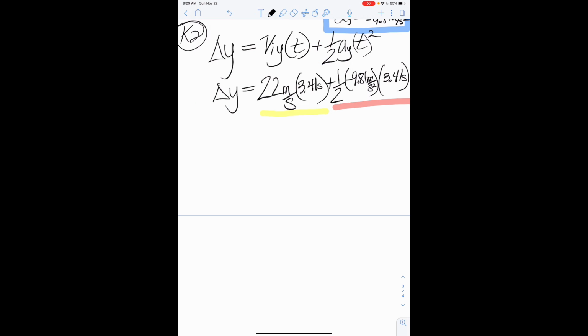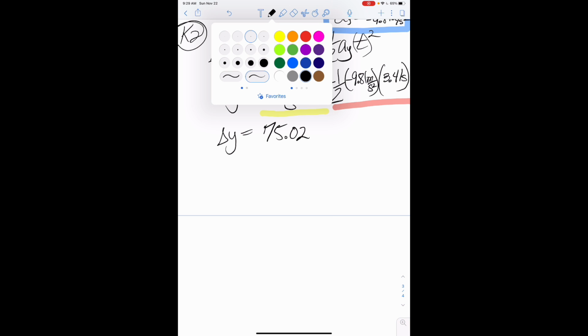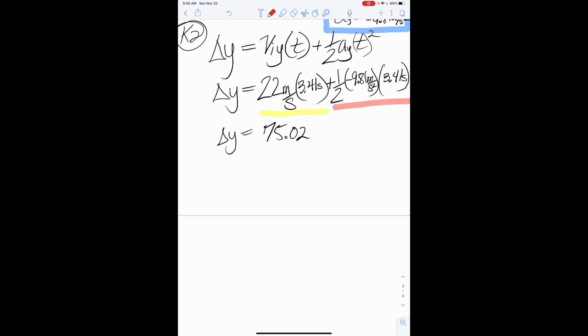So let's go ahead and do a little math here. 22 times 3.41, I'm going to have to plug that in the calculator, is equal to 75.02. Units here are just meters, but you can see that because the seconds are going to cancel, and you're left with meters.